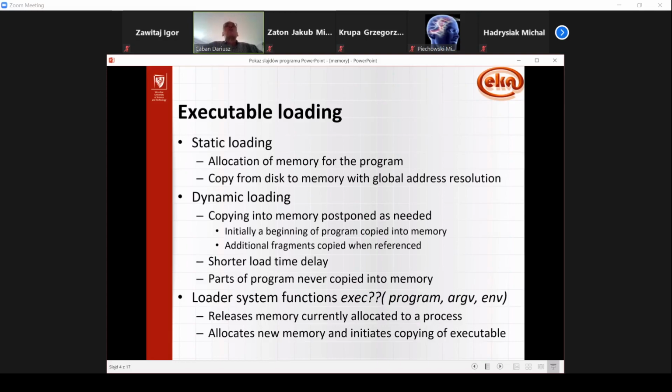In the case of dynamic loading, you use some trick. You copy just a small part of the executable into memory, and if what you have copied contains the start of the running program, you can jump to that position and start running the program.